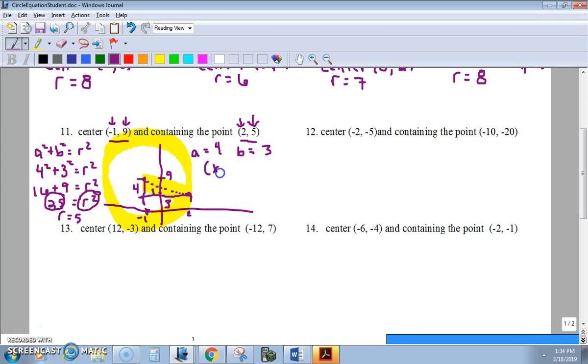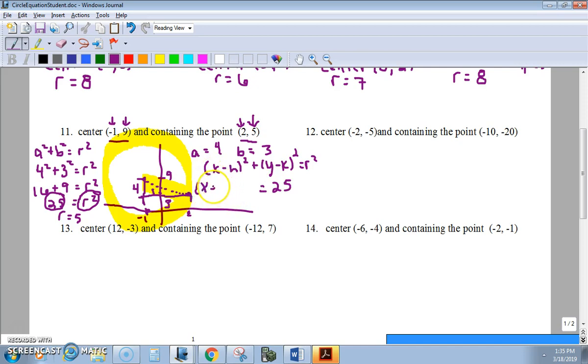The equation is (x minus h) squared plus (y minus k) squared equals r squared, right? I know r squared. R squared is 25. So the rest of this is going to be x minus, what was my center point?